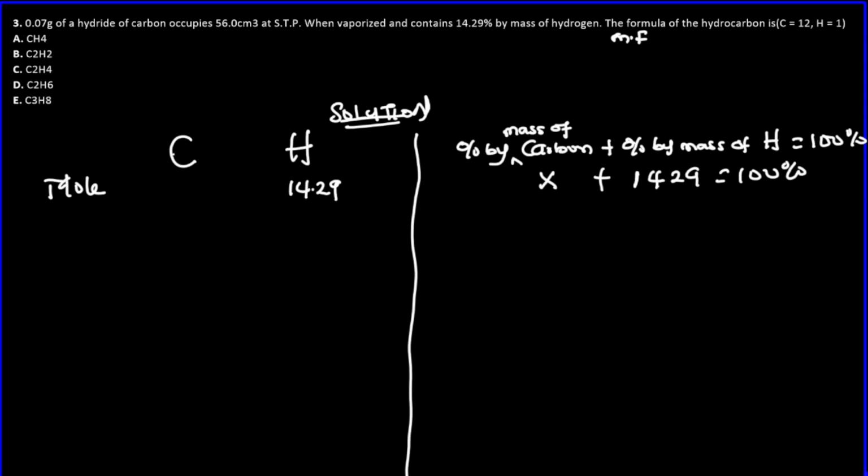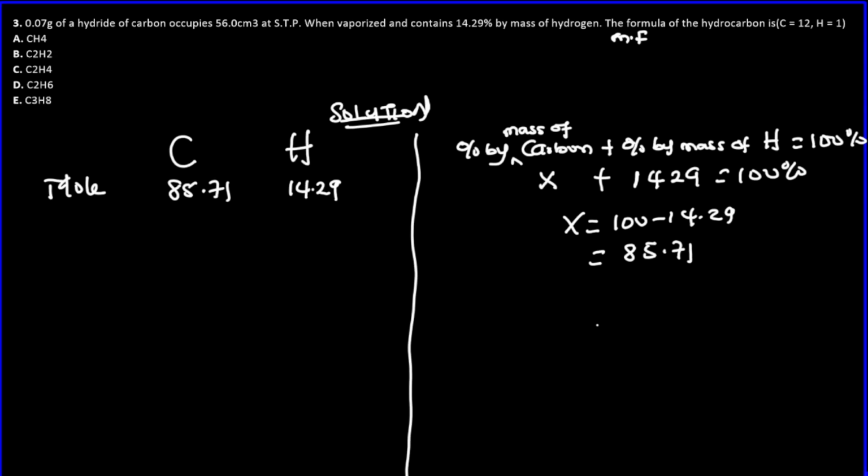You get the percentage by mass of the remaining element that you're not given. So here we just have x, it becomes 100 minus 14.29. This should give you 85.71. So this percentage by mass of carbon is 85.71.